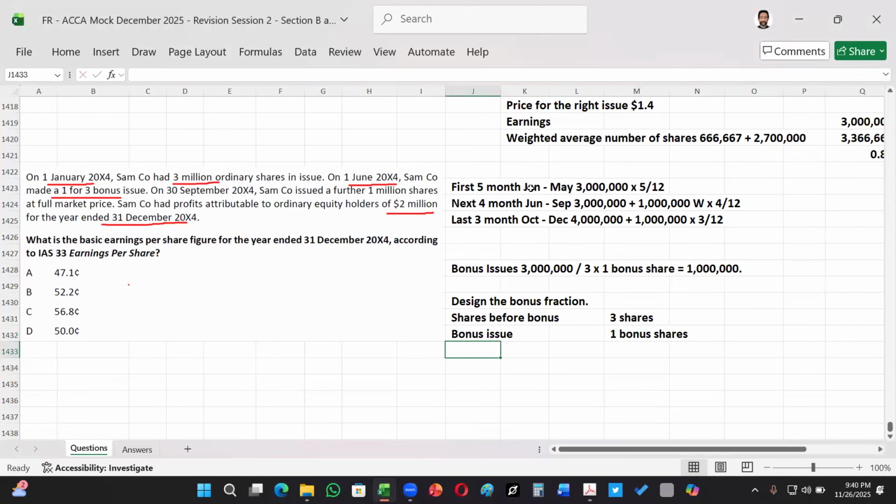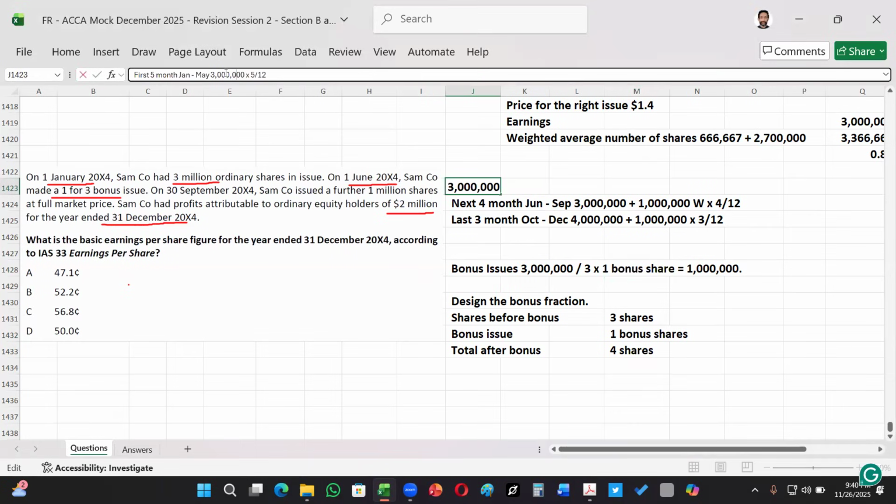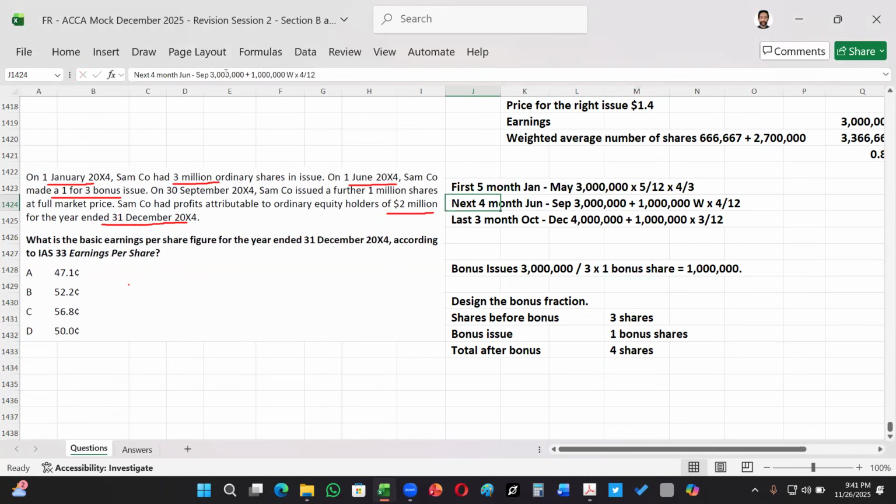And the total after bonus is 4 shares. So before bonus there were 3 shares, and after bonus there were 4 shares. So the fraction is going to be 4 by 3. Understanding the logic here, we want to increase the value of the shares in the first 5 months, so to increase, we have to multiply by 4 by 3. I just wrote these values to make you understand this portion easily. I hope this makes sense now.